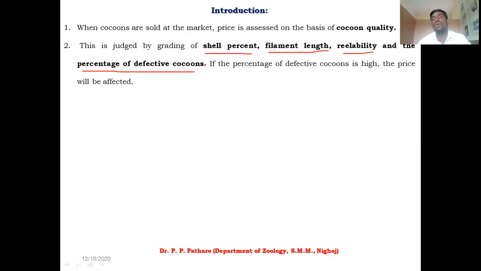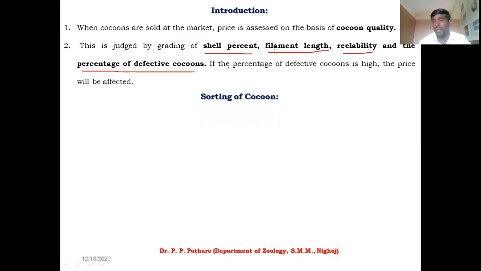If the percentage of defective cocoon is very high, the price will also be affected. Means the cocoon price will be affected, because defective cocoon does not get a good price in the market.